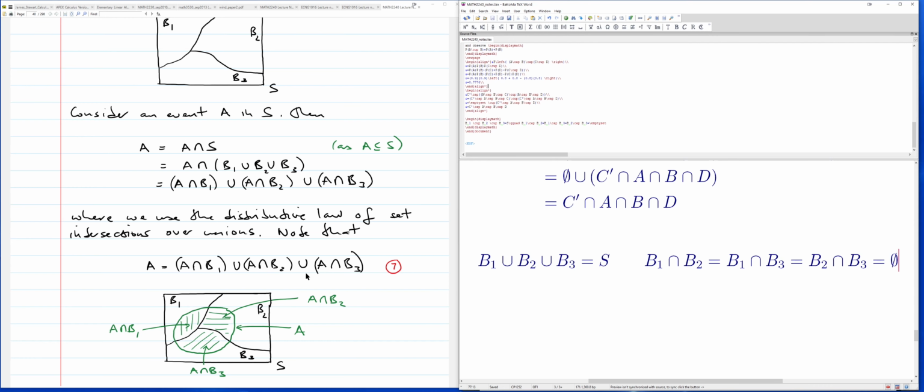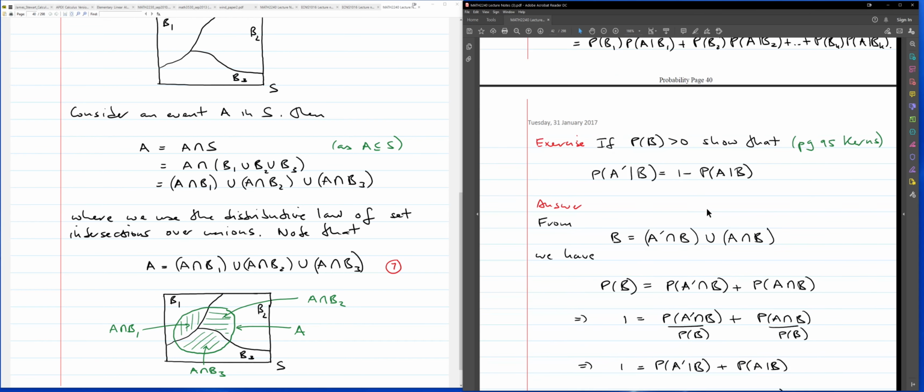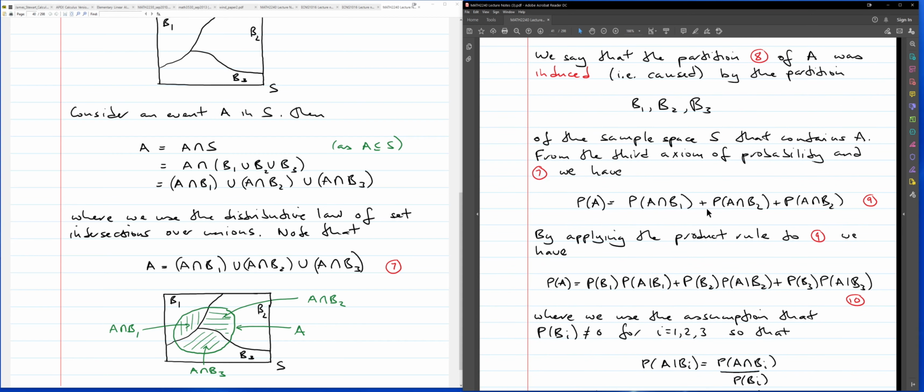Given that these are disjoint events, you can use the third axiom of probability: the probability of A is equal to the probability of A intersect B1 plus the probability of A intersect B2 plus the probability of A intersect B3. There should be a 3 over here. You can do this because these sets are mutually disjoint.